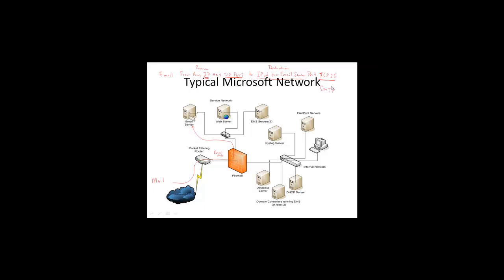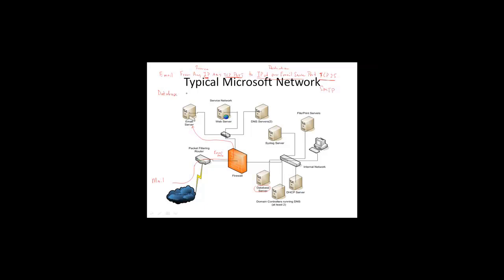Let's see. Okay. Let's assume here that we want to write a rule to access our database server from our service network. Let's see what it would look like.